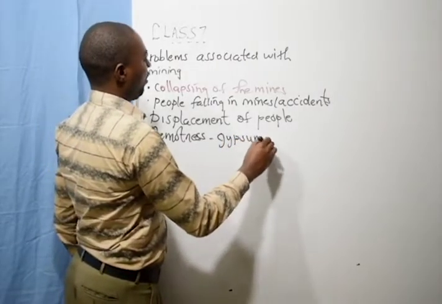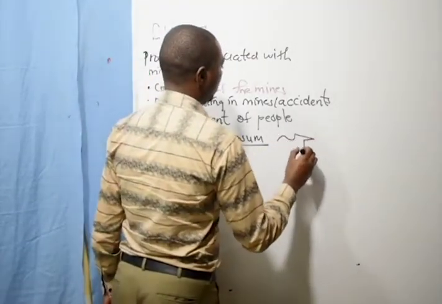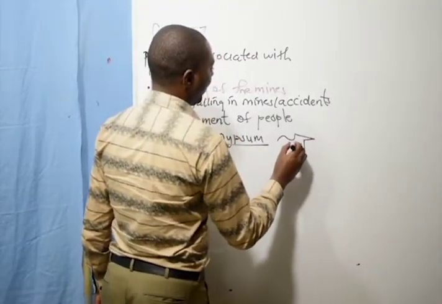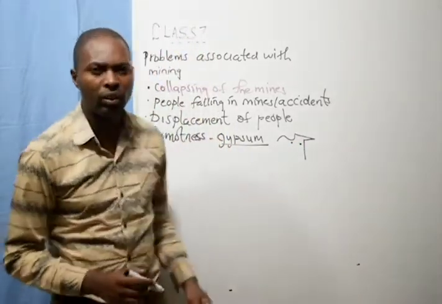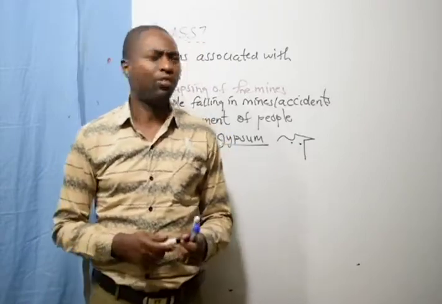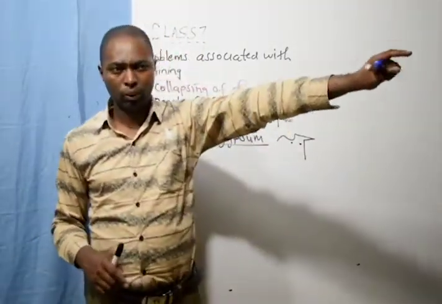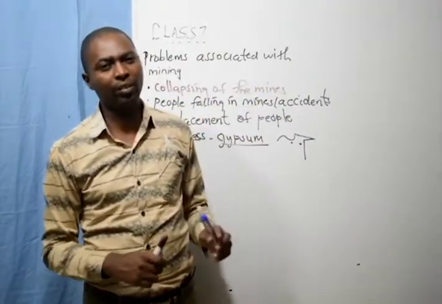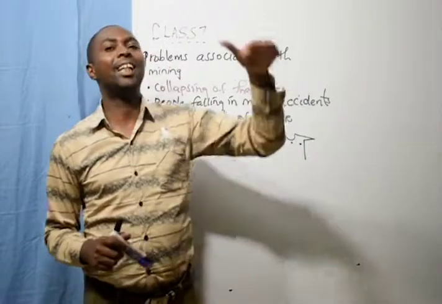Gypsum is a mineral found in Kenya, in places like Wajir and Mandera region. But the areas where they are found, we don't have good developed roads. Therefore, to access that mineral, you have to tarmac a very long road over a very long distance only to get to that. So that mineral is in a remote area.